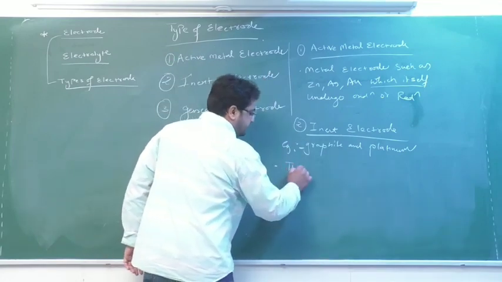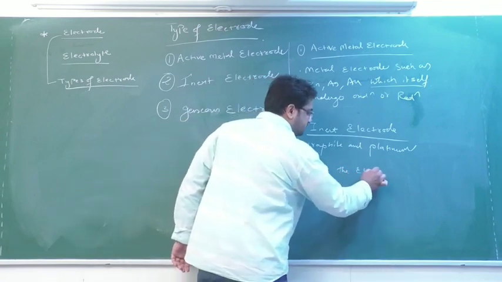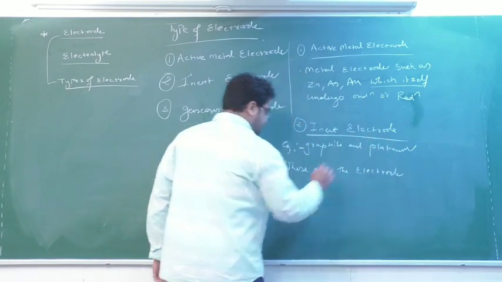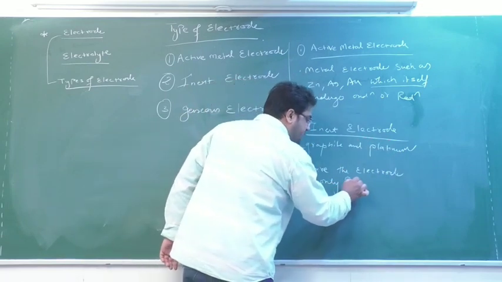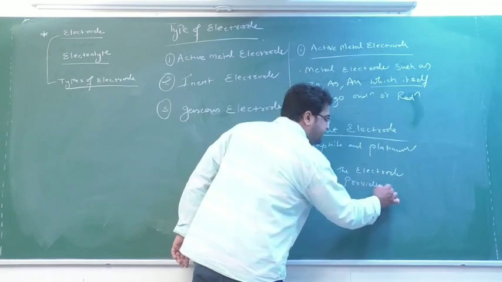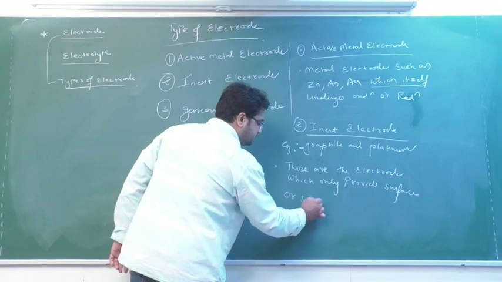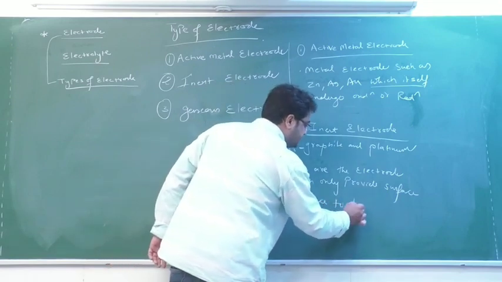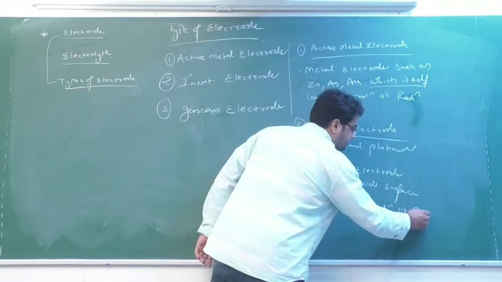So these are the electrodes which only provide a surface or space to do the reaction, oxidation or reduction.